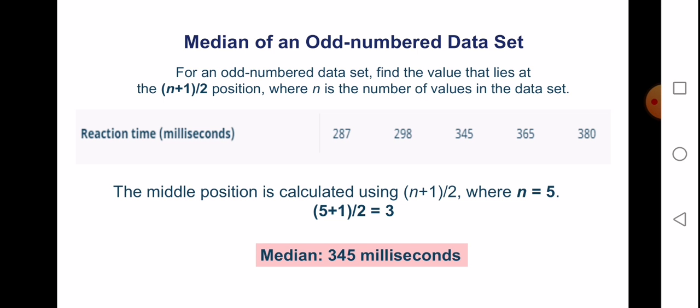So the middle position is calculated using the formula (n plus 1) divided by 2, where n is equal to 5 because we have 5 participants. So that is (5 plus 1) divided by 2, that is equal to 3. So that means the median is the third value in your ordered data set. So that is 345 milliseconds.